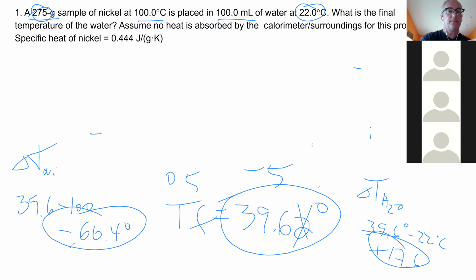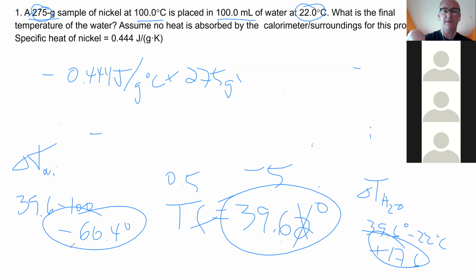Okay, so Q nickel would be minus 0.444 joules per gram times 275 grams times negative 66.4 degrees.